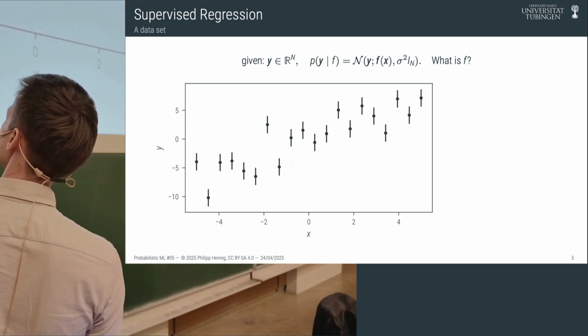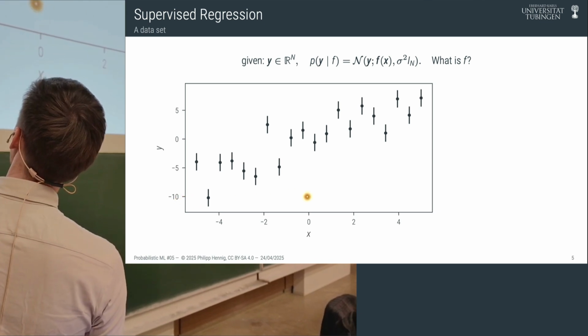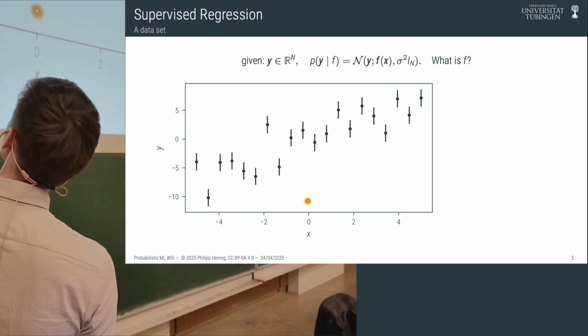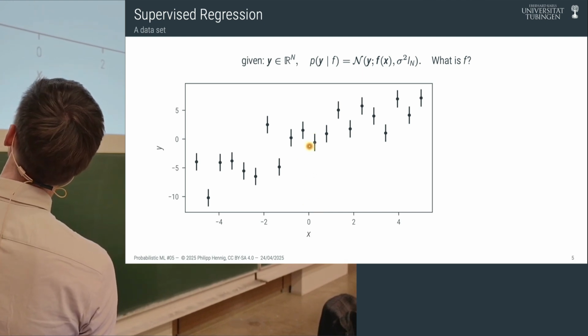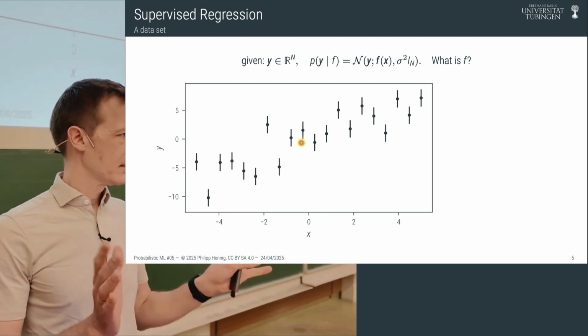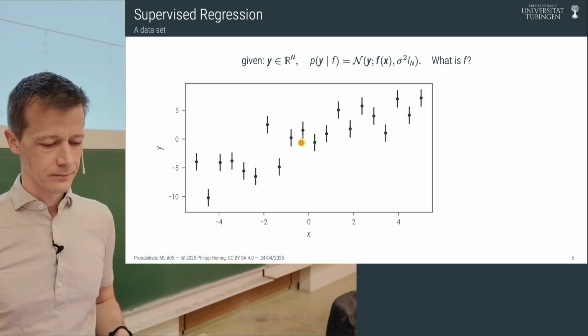So -10 is over here? 2x minus 10. Ah, 2x minus 10? Yeah, so the coordinate axis is somewhere here in the middle, so the intercept is probably something close to 0. Let's say we don't exactly know what the intercept is, so it's something unknown, right? So it's a linear function.